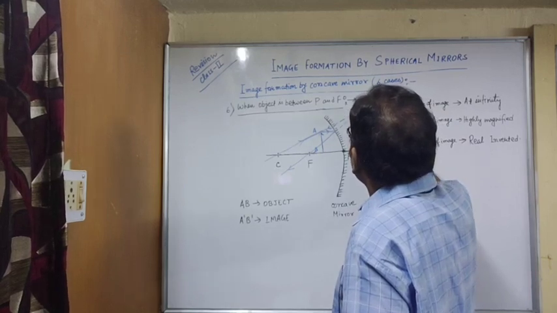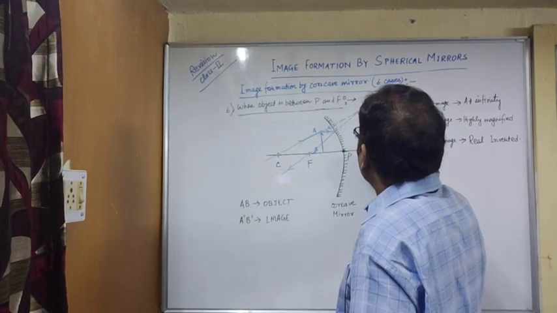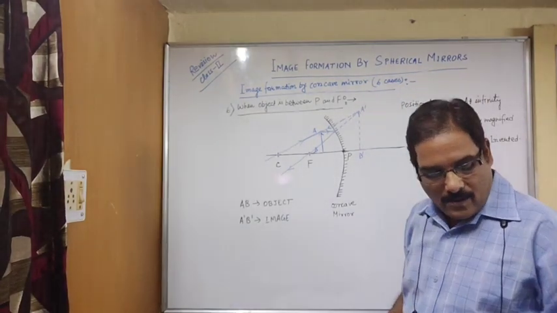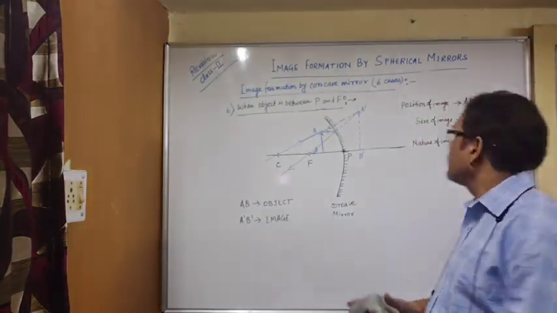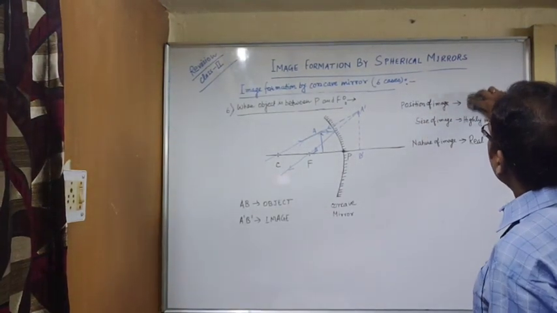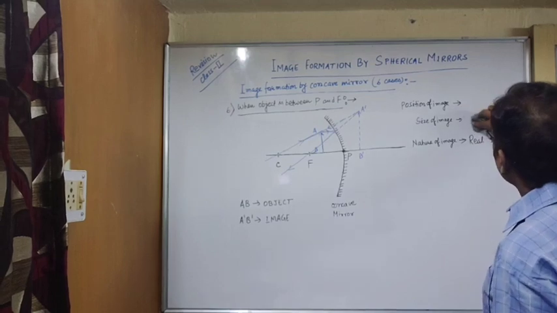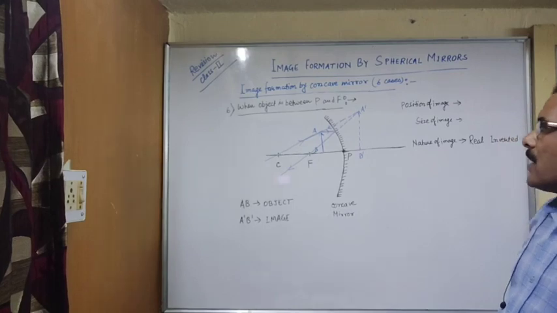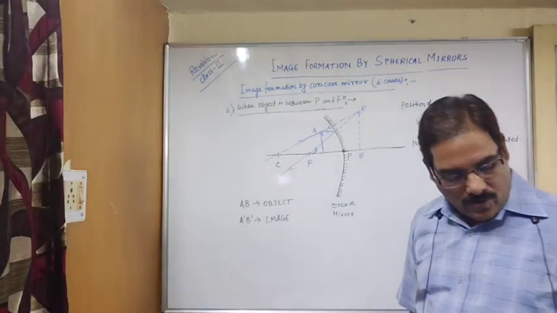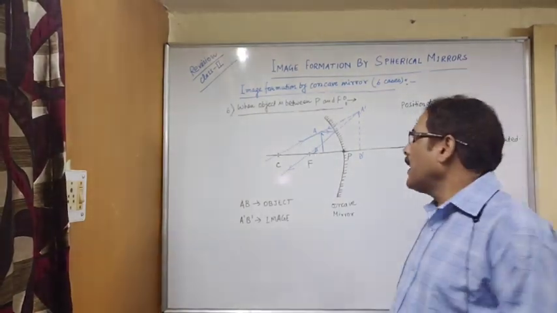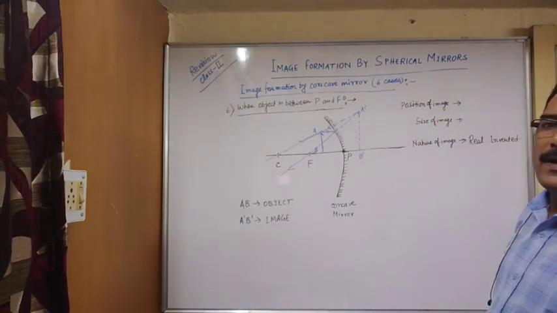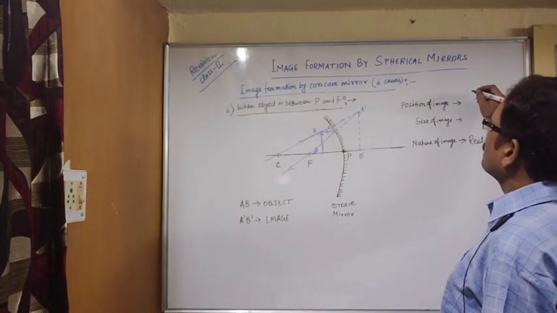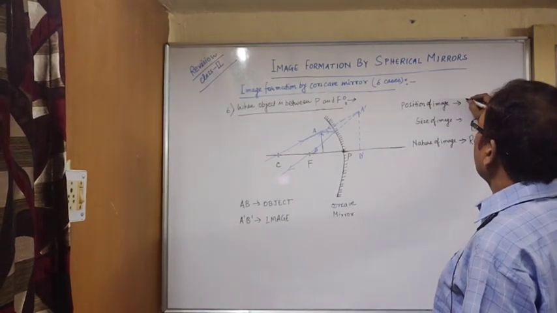So this is the only case where you are getting an erect image, not the inverted one, isn't it? That's why this case is very important, and that's why concave mirrors are used as shaving mirrors, because when object is very close to the mirror, between pole and principal focus, we get a magnified enlarged view of the object.